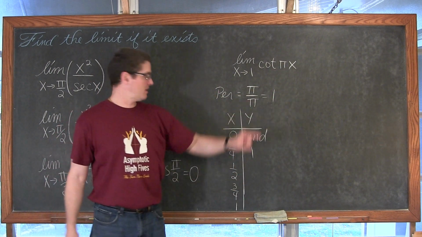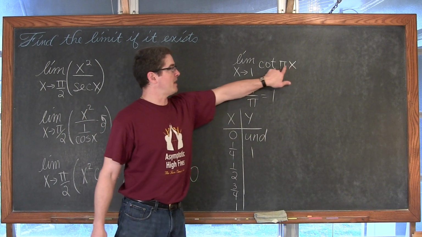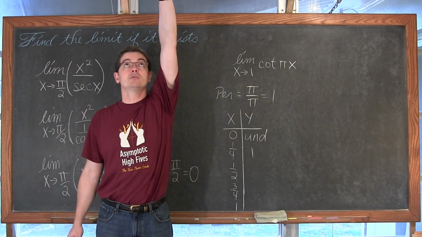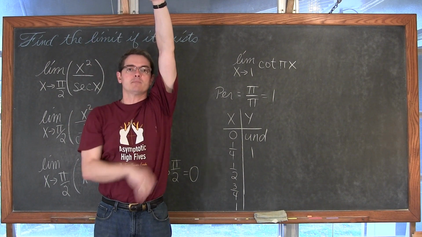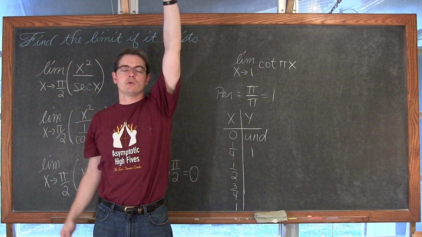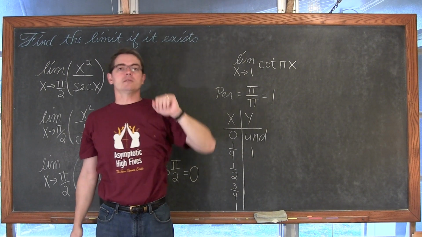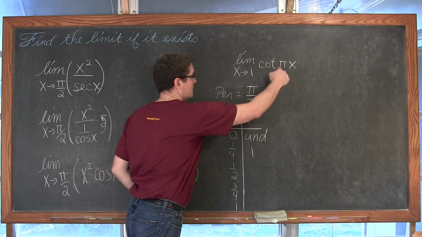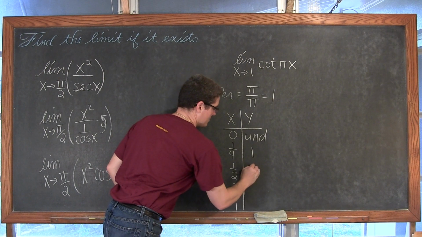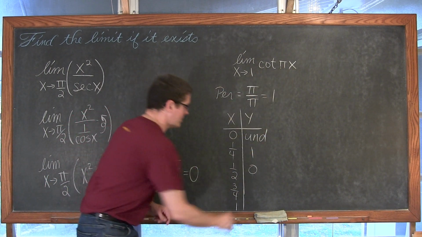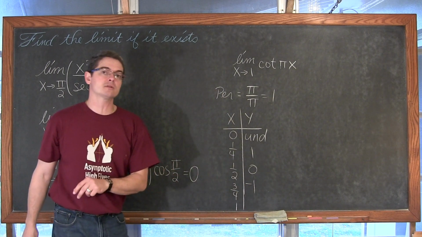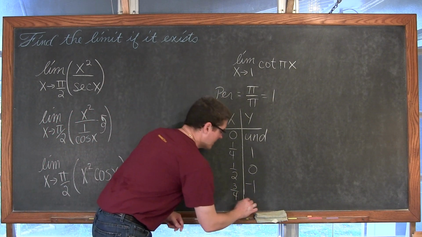The cotangent of pi over 2, the cotangent is x over y, which is 0 over 1, because the circle's center is the origin. So the cotangent of pi over 2 is equal to 0. The cotangent of 3 pi over 4 is -1, and the cotangent of pi is, again, undefined.